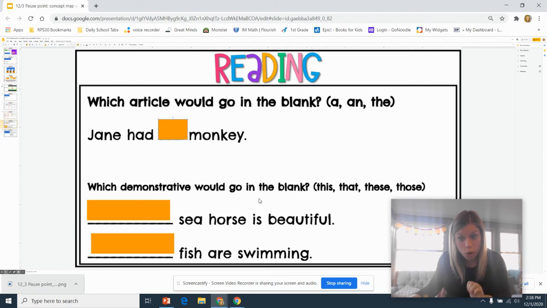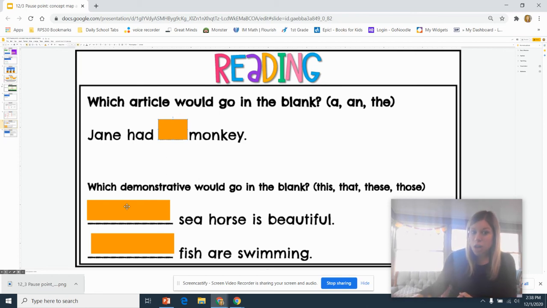Remember, you have four choices when it comes to demonstratives. Blank seahorse is beautiful. You have to decide which one would go in the blank. And then blank fish are swimming. Which one of those four choices could go in the blank and the sentence would make sense?